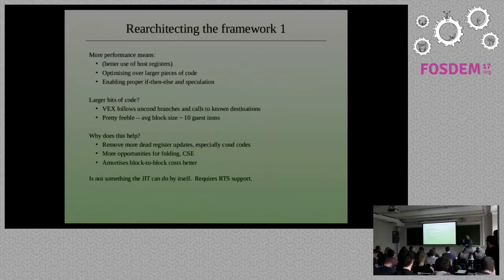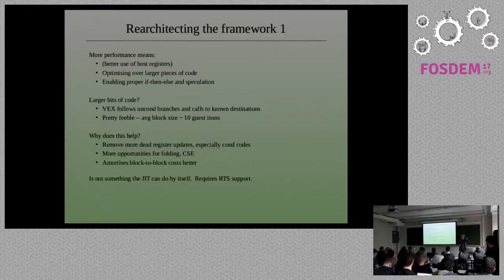So I want to move to talk a bit about some proposals, how to move forwards. What can we do to improve performance? So we talked a bit about improving the use of registers. I won't go over that. In dynamic instrumentation and dynamic compilation systems in general, there's basically two tricks you could do.